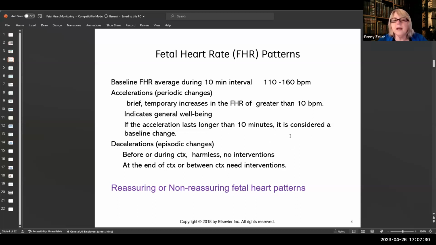The only time it's okay is early decelerations before a contraction, or as a contraction begins, I should say. I'll show you why. So we refer to a heartbeat within the range and good variability as a reassuring fetal pattern. Non-reassuring would be those that have a lot of decelerations, and you don't need to know grade 1, grade 2, grade 3.